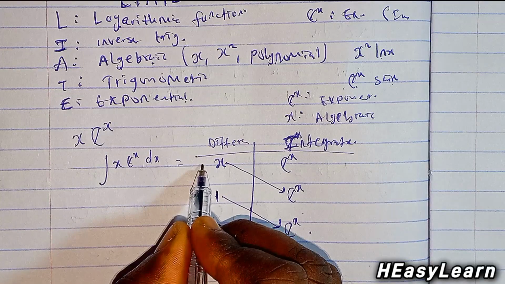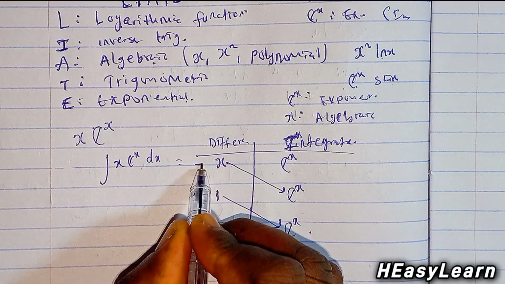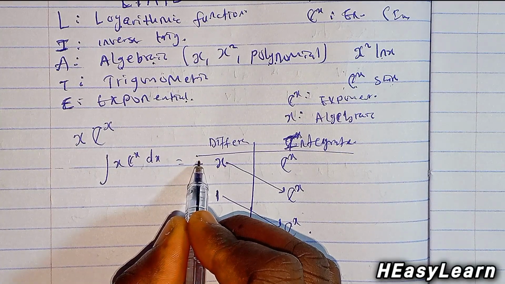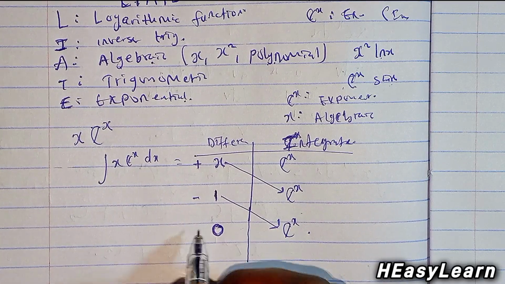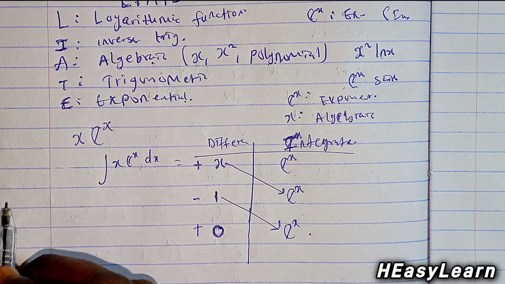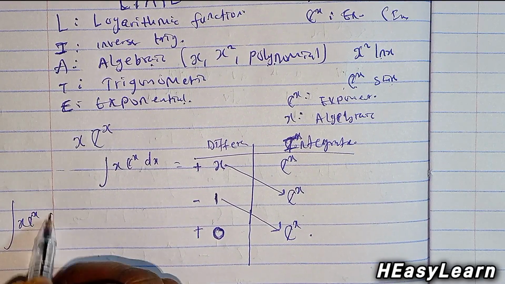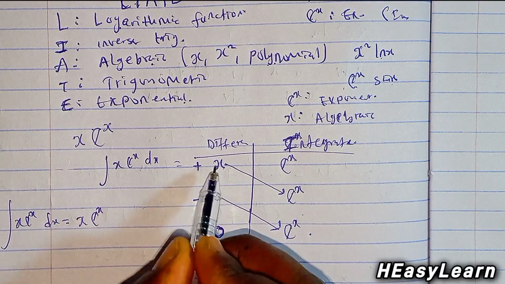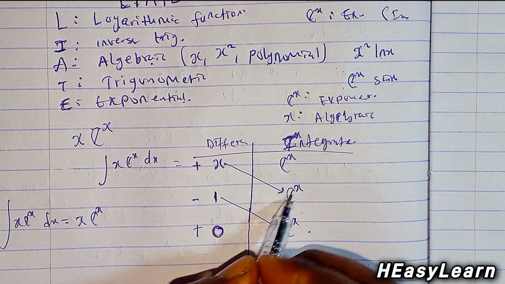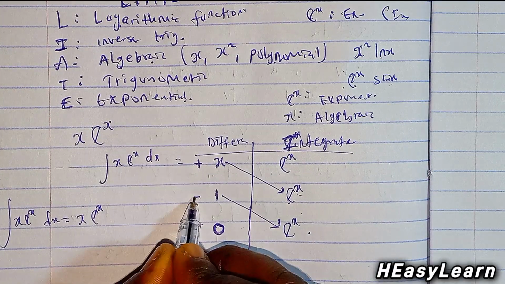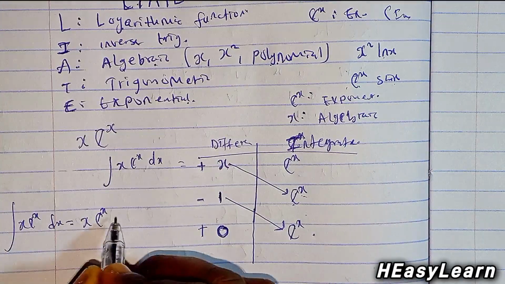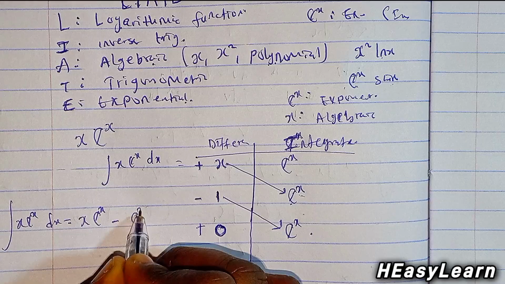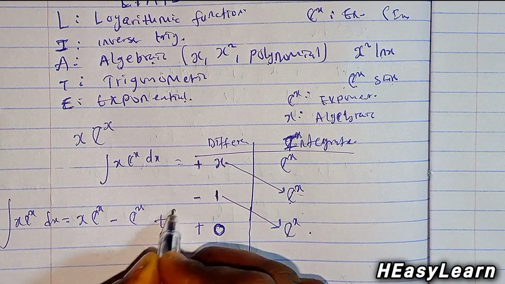The diagonal rule says alternate plus, minus, plus. So the integral of x exponential x dx is x exponential x, then minus 1 multiplied by exponential x, minus exponential x plus c.